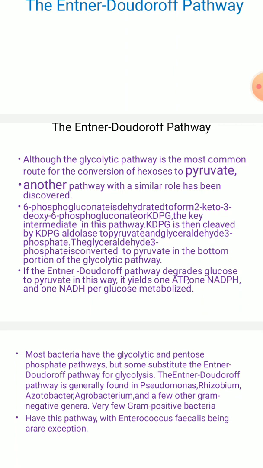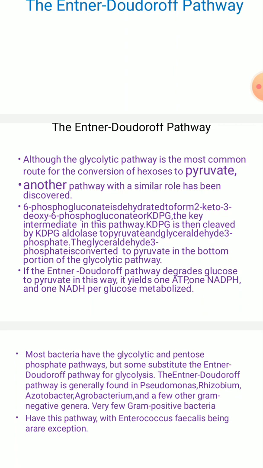The ED pathway is generally found in Pseudomonas, Rhizobium, Azotobacter, and Agrobacterium, and even a few other gram-negative genera also carry out this pathway. Very few gram-positive bacteria have it, with Enterococcus faecalis being an exception, where we cannot see the occurrence of the Entner-Doudoroff pathway.